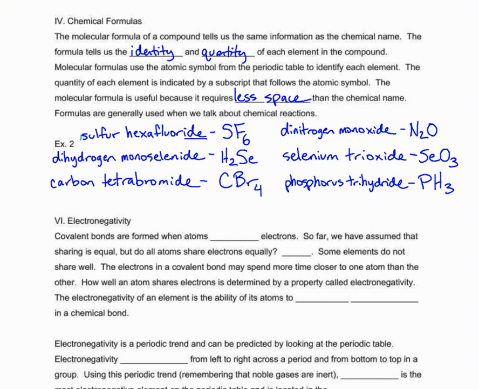One other note, these are using a specific naming system. If you were to Google these, like if you Google PH3, it's probably not going to tell you phosphorus trihydride. It'll probably give you a different name from a different naming system.